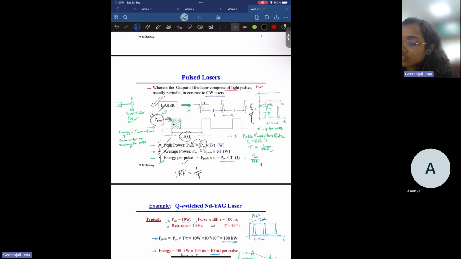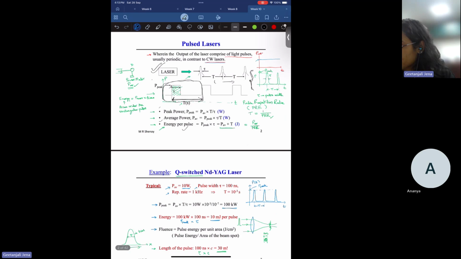Don't confuse P peak and P average. P peak is the maximum power that the pulse has, and P average is the average power over one period, that is, the power contained over the time period T. P peak is the highest power of the pulse.